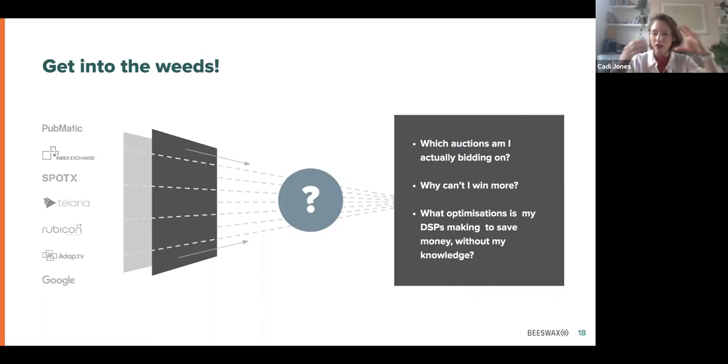Looking at that combination of auction logs and bid logs will really help you to decipher what's going on there and how you can set that up for success. It will help you to answer these questions and really start to understand what optimizations are going on behind the scenes that you might not be aware of.